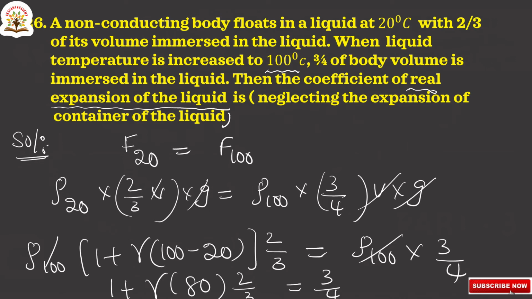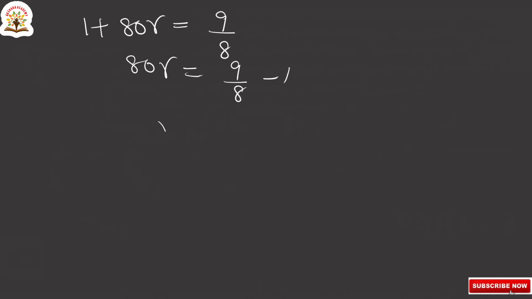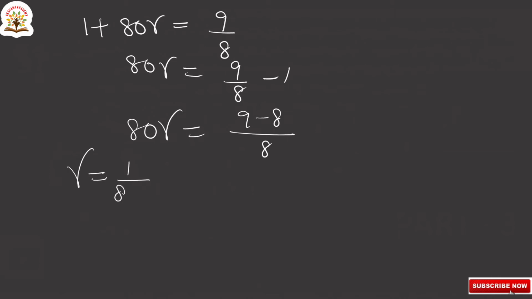This 2 by 3 going to that side, it becomes 1 plus 80 gamma is equal to 9 by 8. So 80 gamma is equal to 9 by 8 minus 1. Taking LCM, 9 minus 8 by 8, that implies gamma is equal to 1 by 8 into 80.